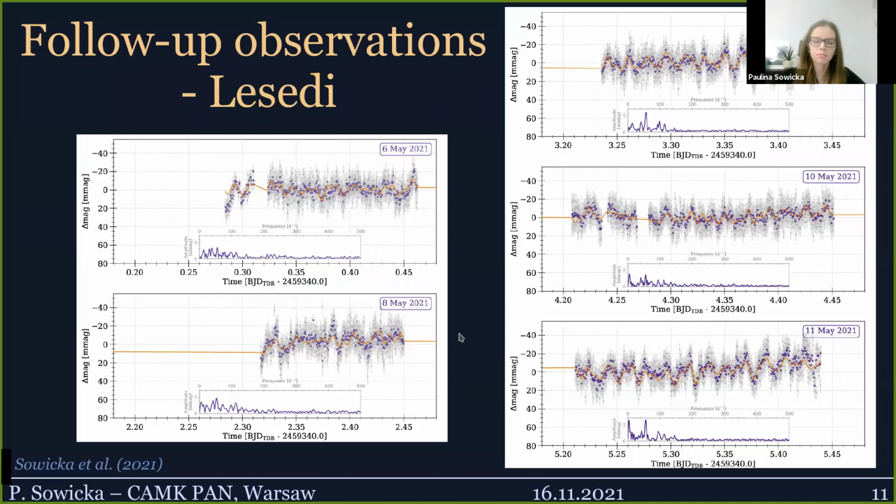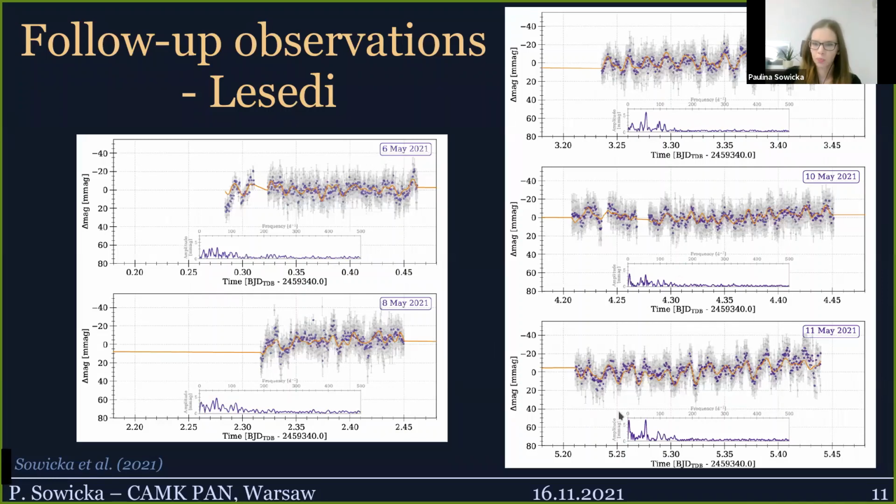And you can see here 5 nights with one night break in between due to bad weather, where you can see that the variability is evident.